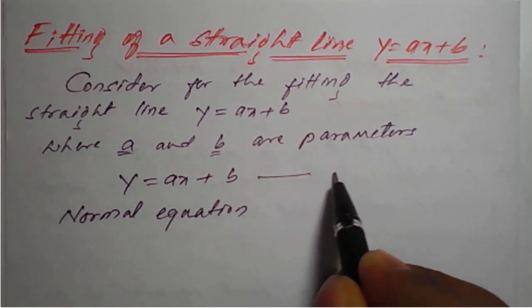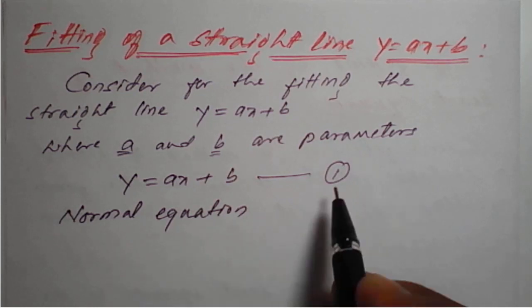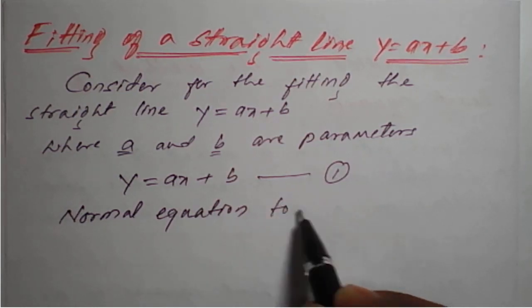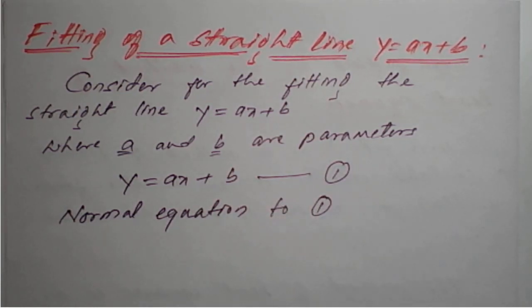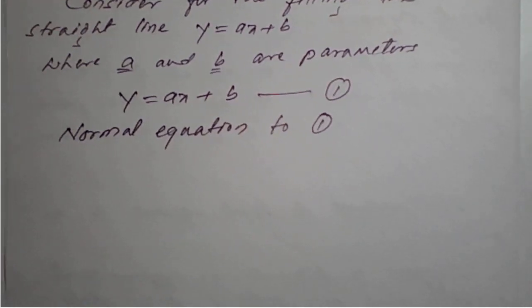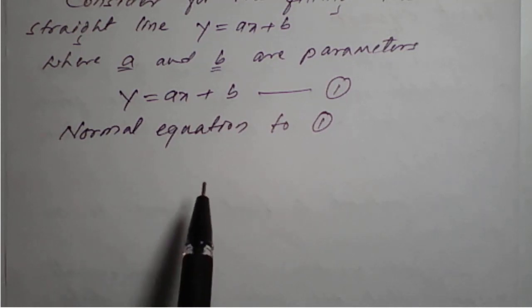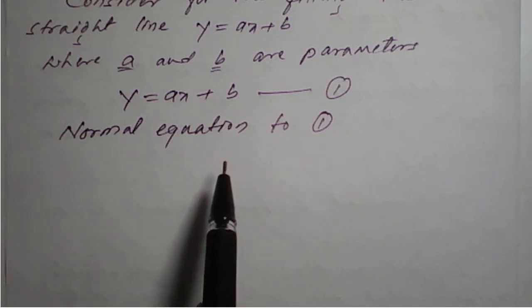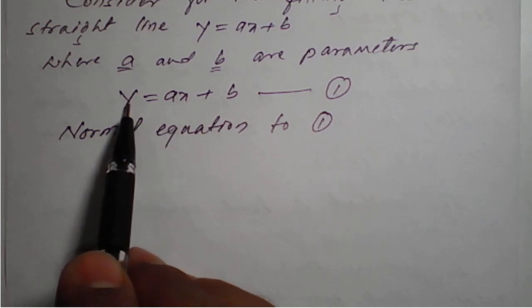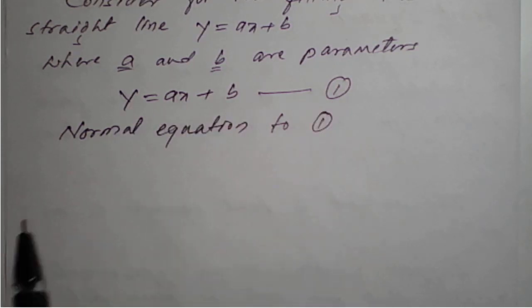So I will give equation number 1 for this. Normal equation to 1. How to prepare a normal equation to 1, we'll see here. For this, we have to take summation on both sides for equation 1.